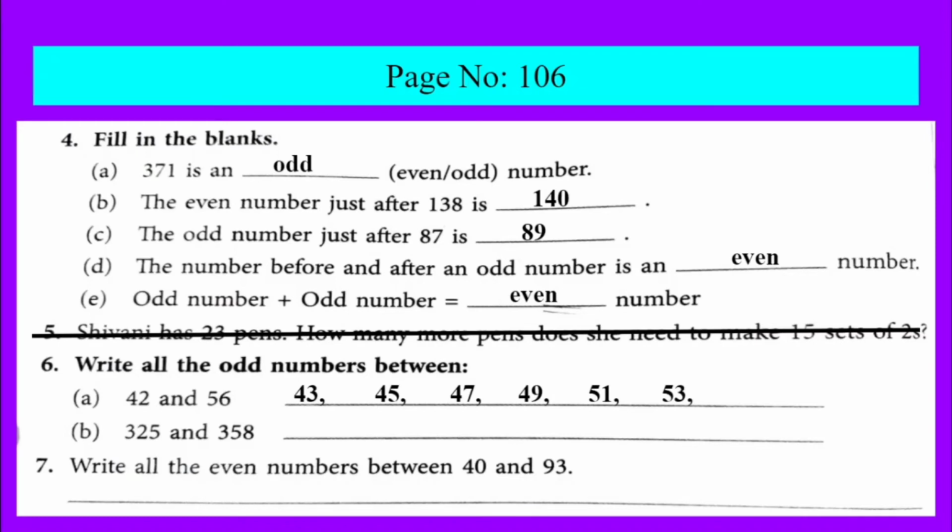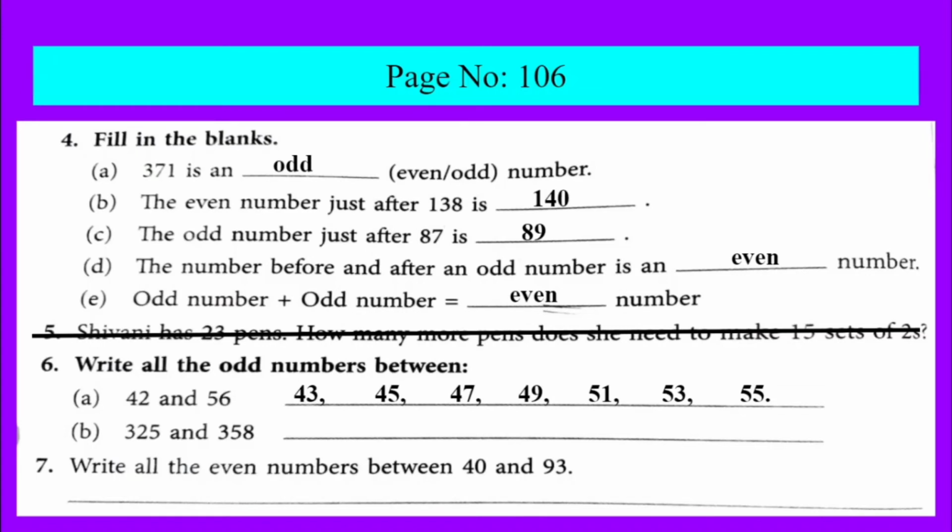Now after 53 comes 54, which is an even number, so we will not write it here. Now after 54, the number is 55. So 55 is an odd number, so we can write 55 over here. Now after 55, the next number is 56, which is given here in the question.